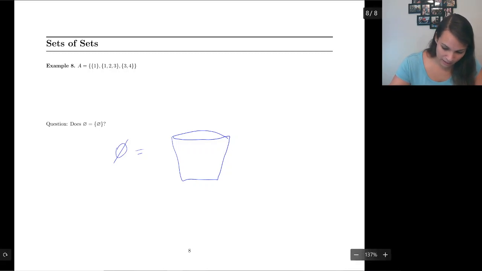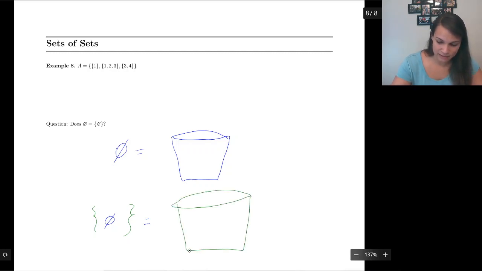Now, the set that contains the empty set, I'm going to make that green, is the big trash can, because it is the set containing, and then the empty set, I've already said, is a trash can. So it's like having an empty trash can inside of a trash can.